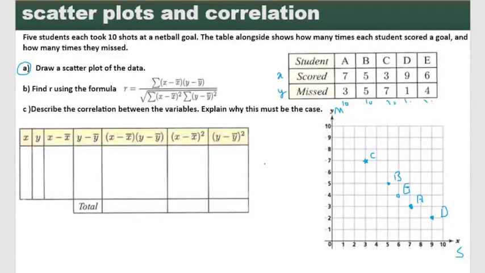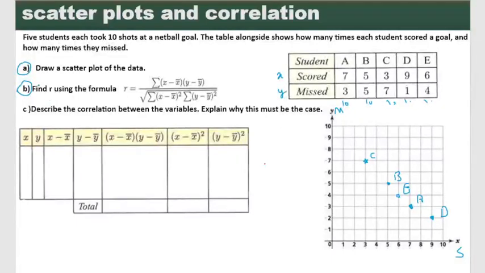So they are related negatively. The relation between x and y is negative. Now I will solve the other parts to see whether the relation between x and y is strong or not.